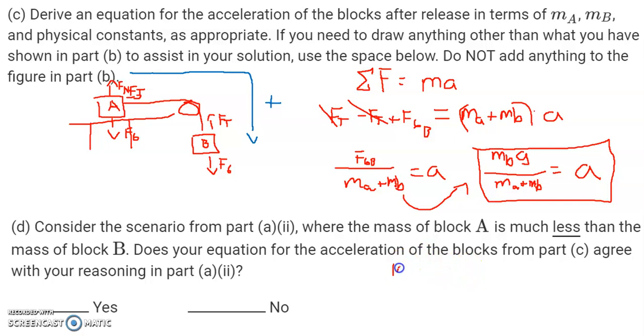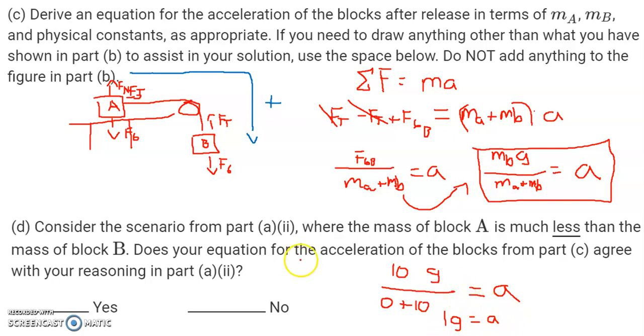So that's 10g over 0 plus 10, and that equals our acceleration. That means this is 10 over 10, which is equal to 1g equals a. That means our acceleration is free fall, 1 times 9.8.